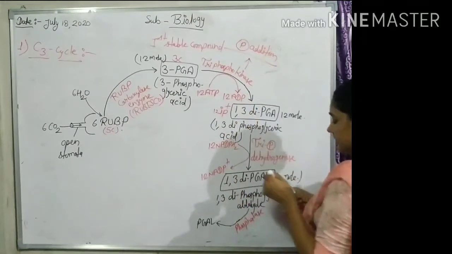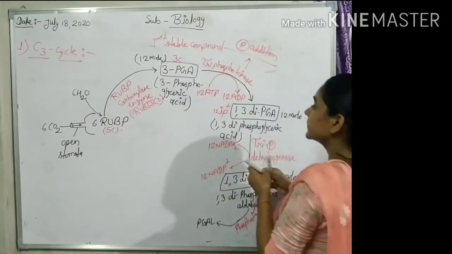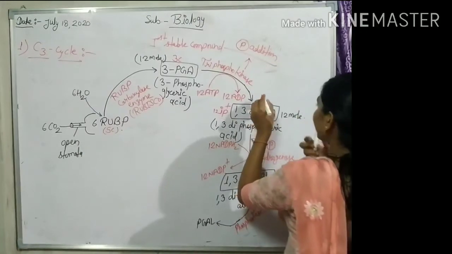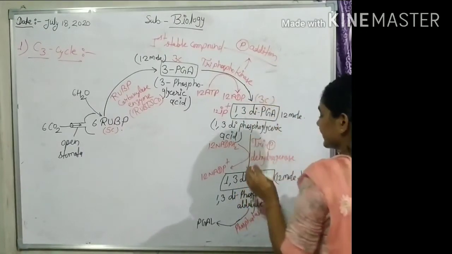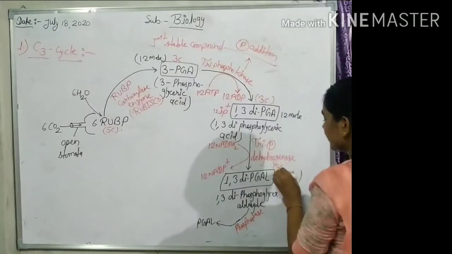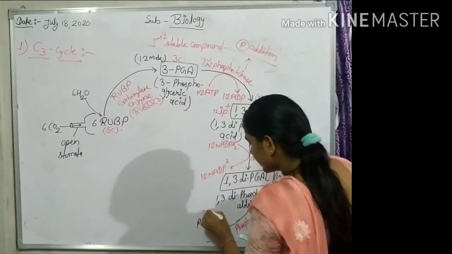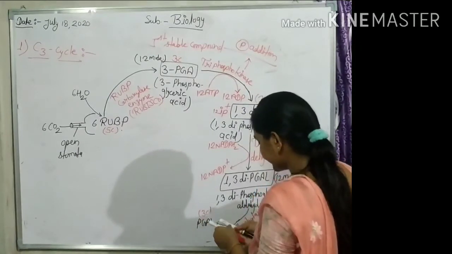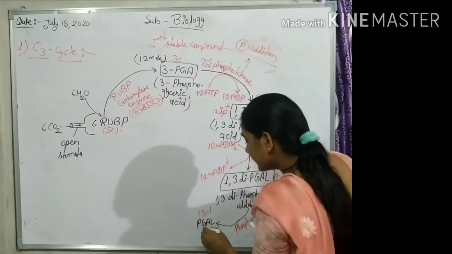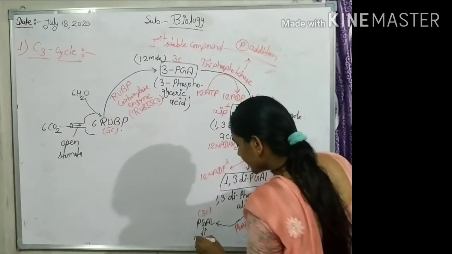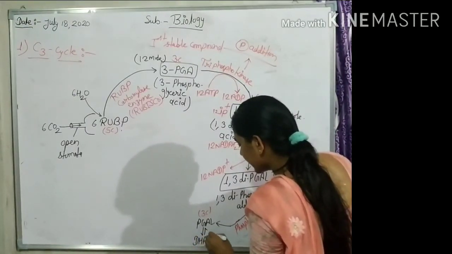And these are 3 carbon compounds. PGAL is interconvertible into DHAP.